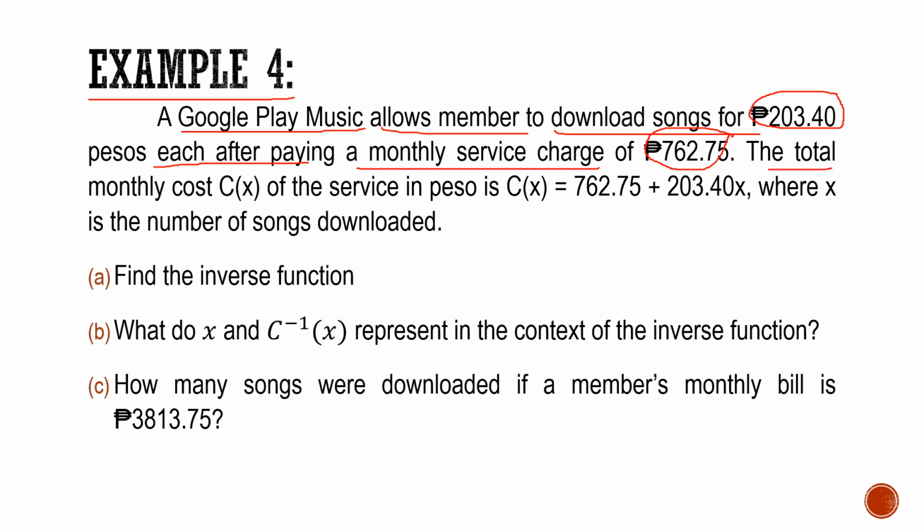The total monthly cost C(x) of the service in pesos, the function that will represent the cost with respect to your x variable, is equal to 762.75 plus 203.40 multiplied by x, where x is the number of songs downloaded.